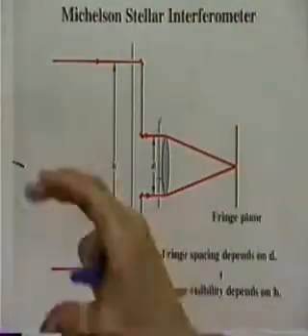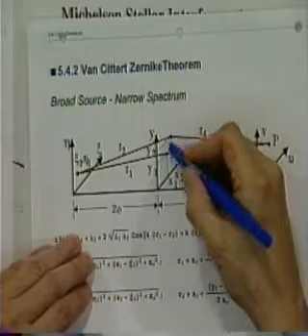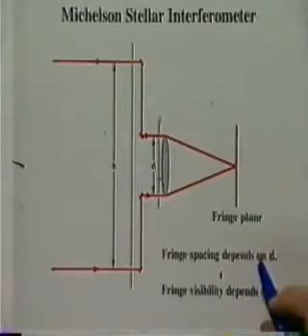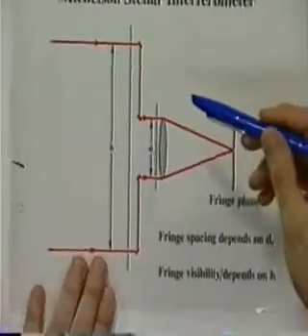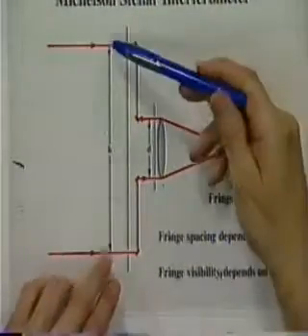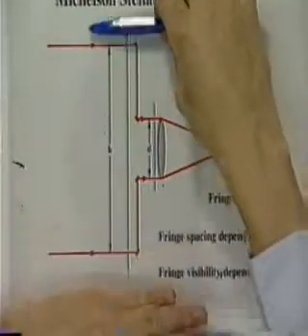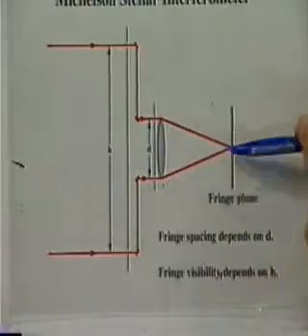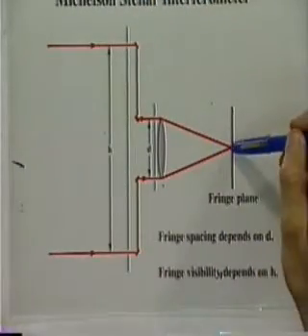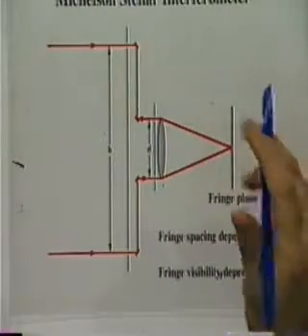But h is the distance between these 2 points here, and so the fringe visibility will depend upon h. So again, he simply will move these in and out, looking at the fringe contrast as a function of h, and determine where the minimum is, and from that calculate backwards as to what the separation of the binary stars would be.